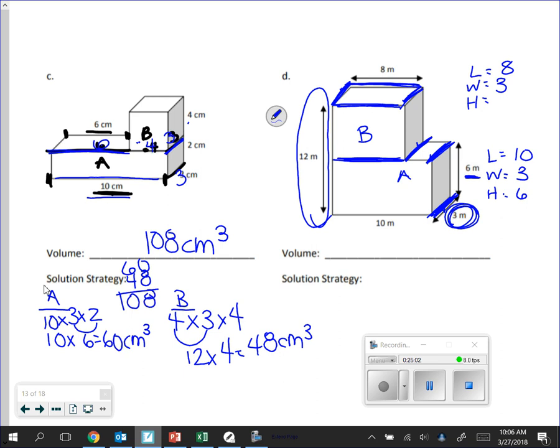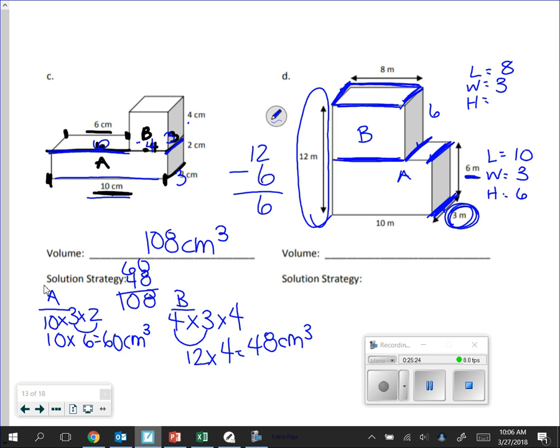Because if the total is 12, I'm not dividing. So if my total is 12, and I'm adding to find the total, and part of it is 12, then this one happens to be 6.